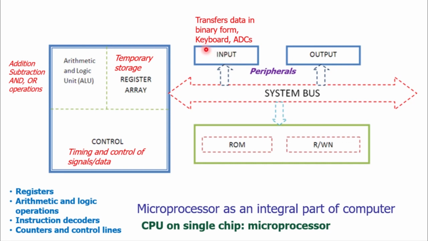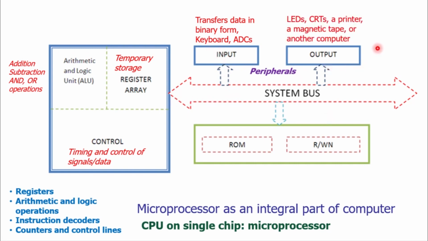The input peripherals are nothing but the keyboards, or we can have the ADCs, that is analog to digital converters. We have seen in our previous class that the analog to digital converters convert the analog data into digital format, and that digital data will be given to the microprocessor in case it is used for embedded operations. But if the microprocessor is a part of a microcomputer, then we input the data through the keyboard.